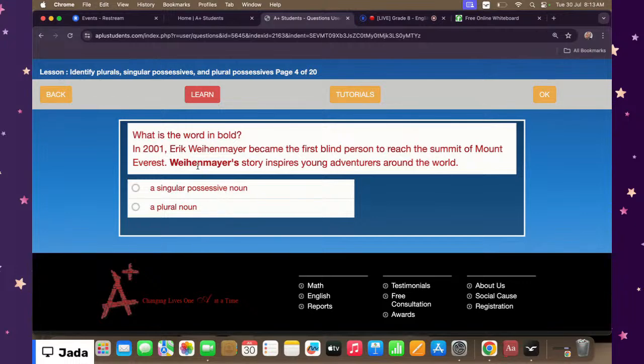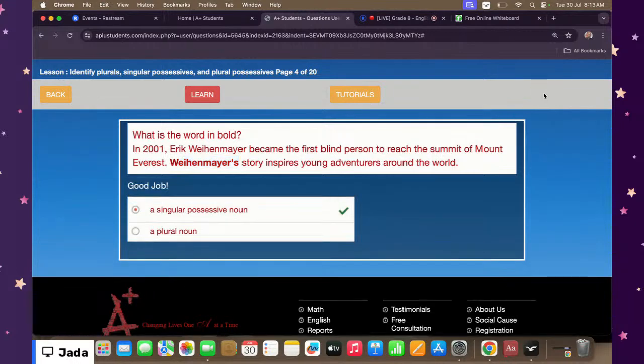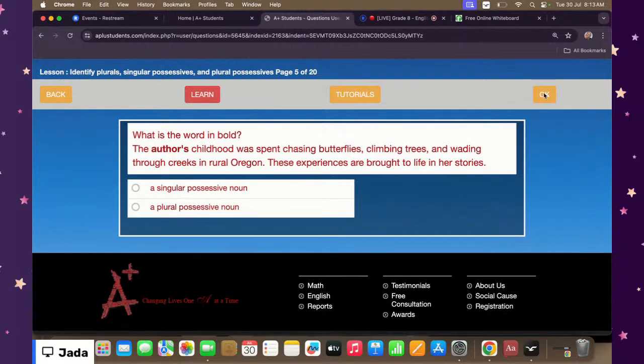So now we just have a look at this and then we'll try to figure out, is it singular possessive or plural possessive? So now the word in bold has apostrophe and s after. So you know that it's singular possessive, and then the apostrophe and s was added to make it singular possessive. All right.